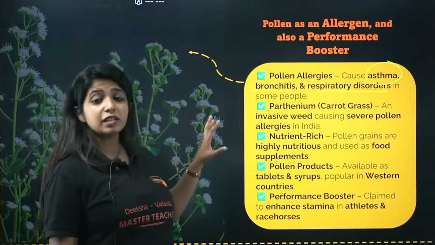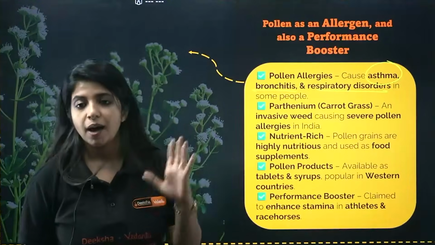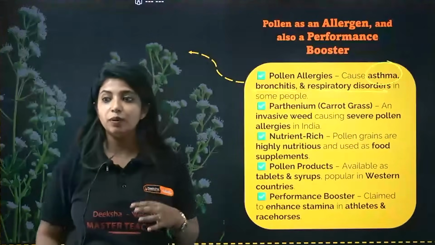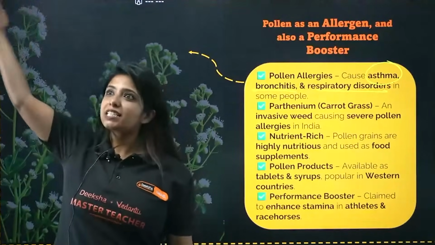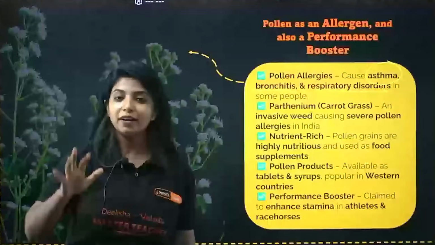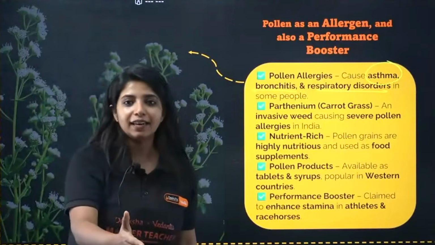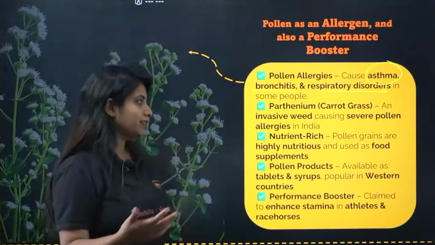So this is known as Parthenium, also known as carrot grass. Parthenium or carrot grass is one of the invasive weeds. Invasive means it was not from India. Someone somewhere accidentally got it from outside, accidentally or not, I do not know. This is not our country's plant. It came as a wild thing which is now causing severe allergies in our country, that is India.